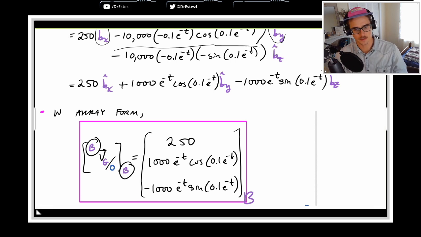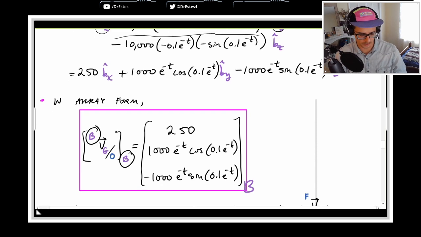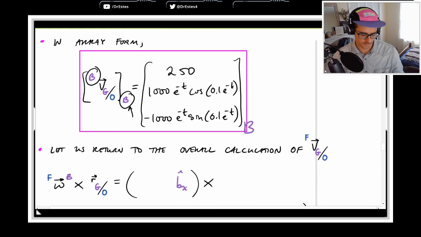I want to skip ahead, and then we'll come back, but I could express this in F-frame components. So let's go down.